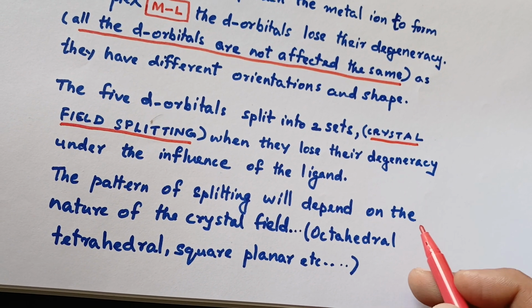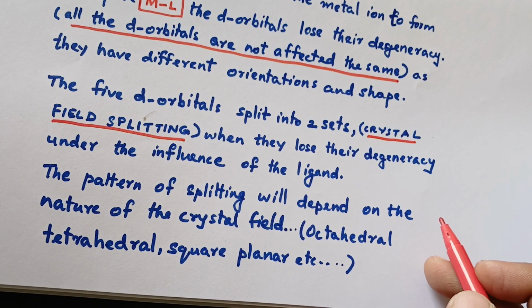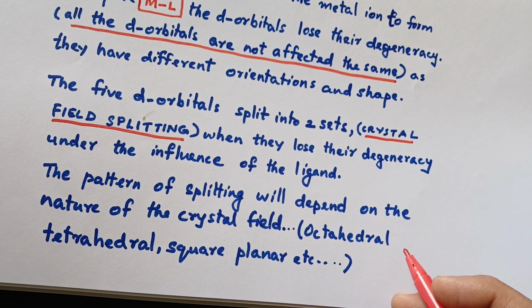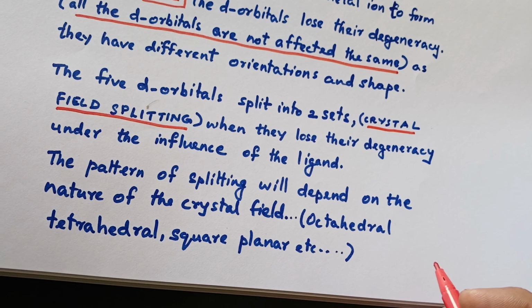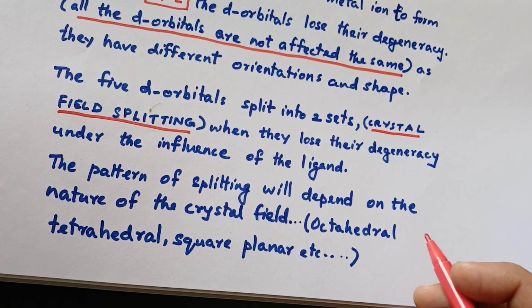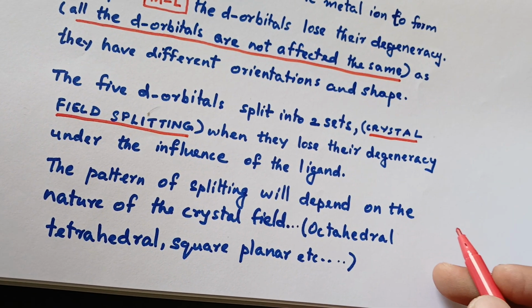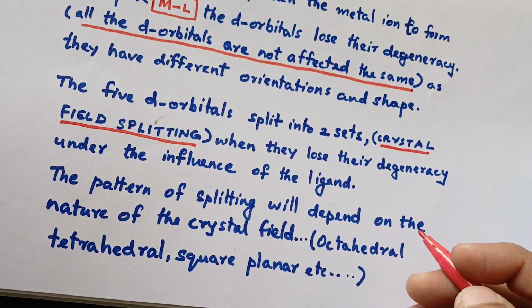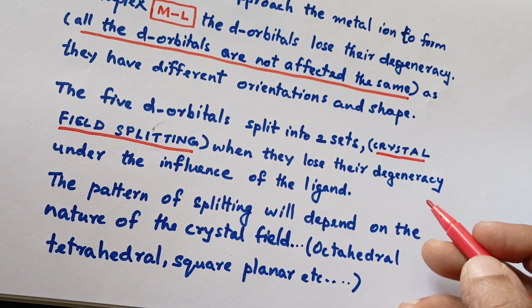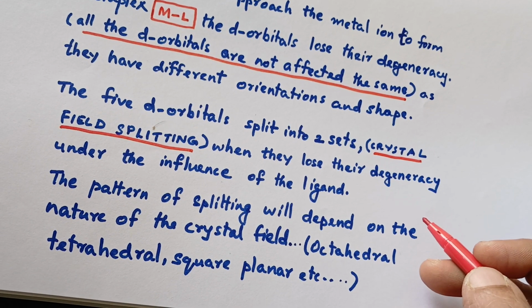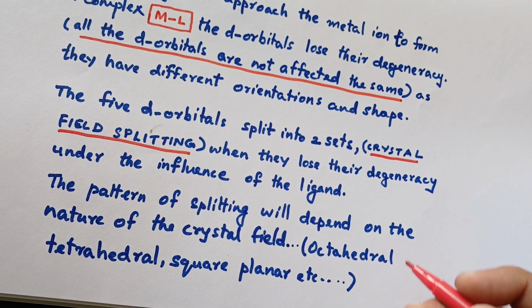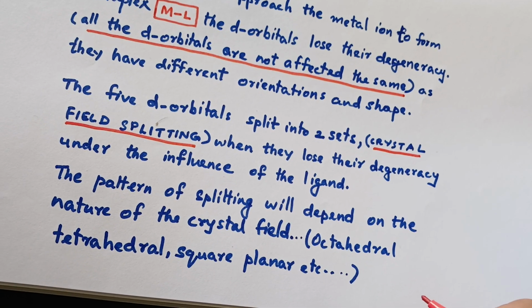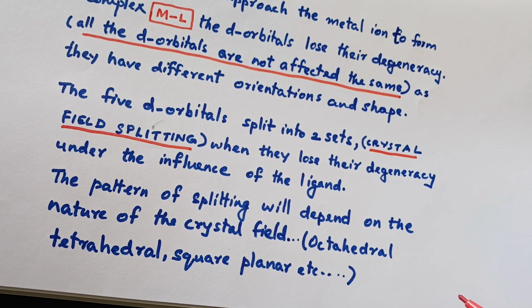The eg set has higher energy and the t2g set has lower energy. That is, above the barycenter, they have positive value. It is not charge, it is higher energy. That is why we give a positive value to that energy. And the one lower to it has lowered energy.